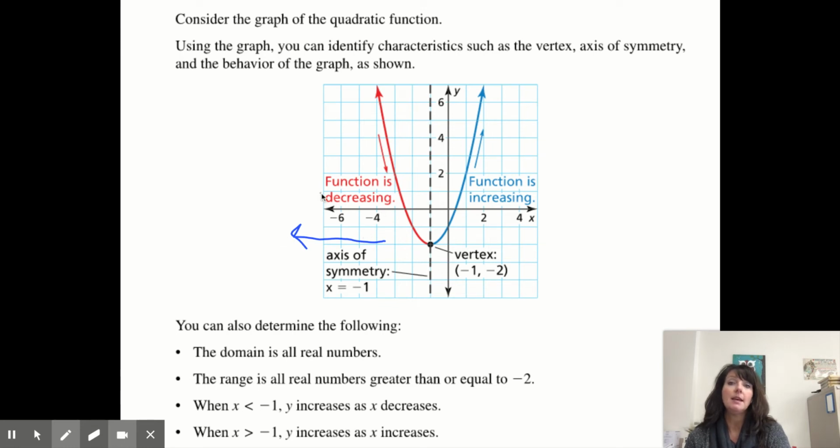Another way to say it, if I'm going to the right, x is increasing and y is decreasing. But y increases as x decreases. Remember, x is our independent variable and y depends on that. So however you describe x, make sure you're describing y and its behavior based on that.